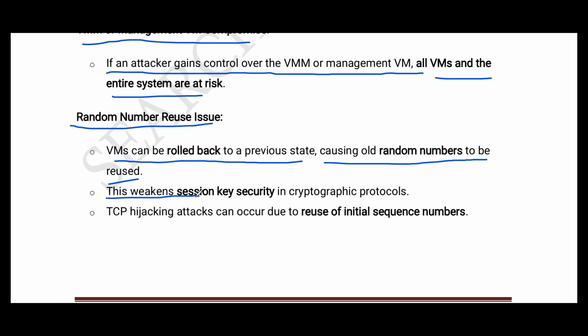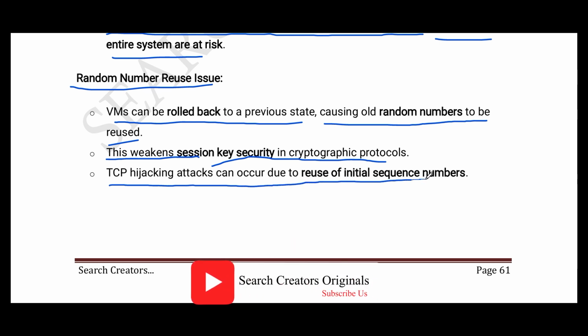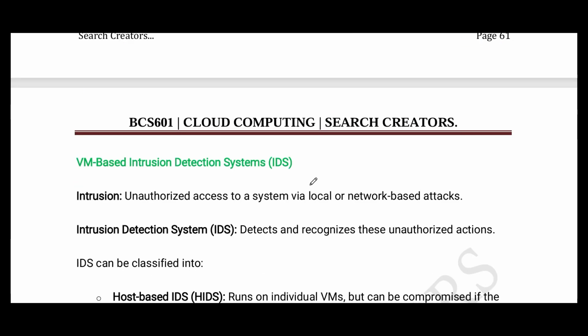This weakens the session key security in cryptographic protocols. TCP hijacking attacks can also occur due to reuse of initial sequence numbers.